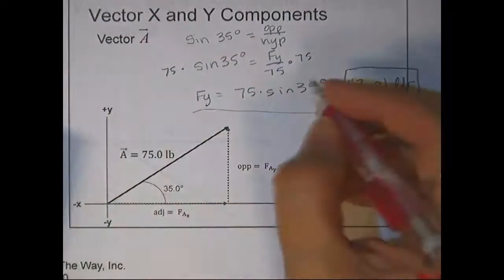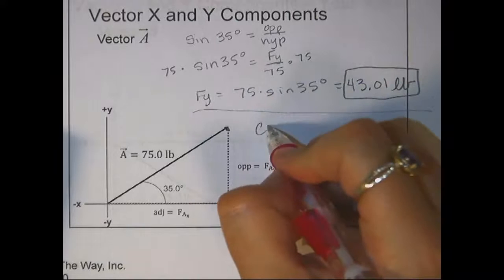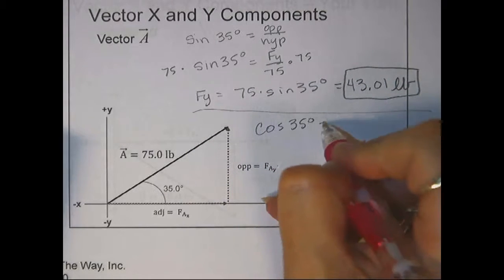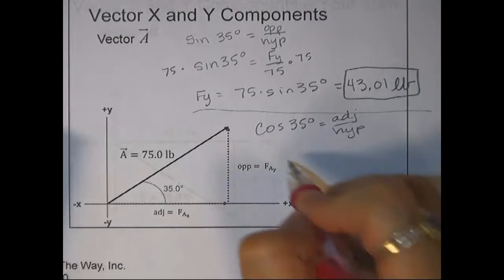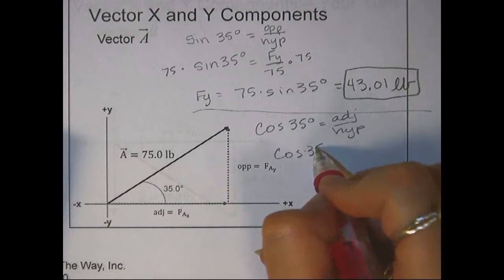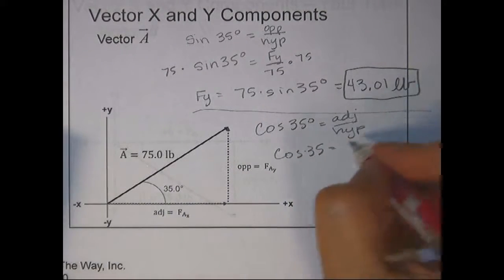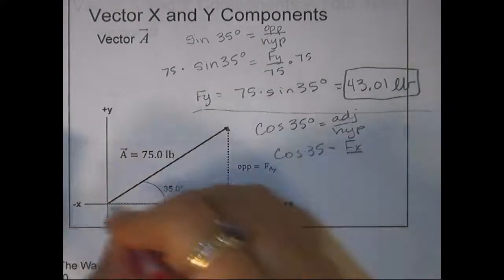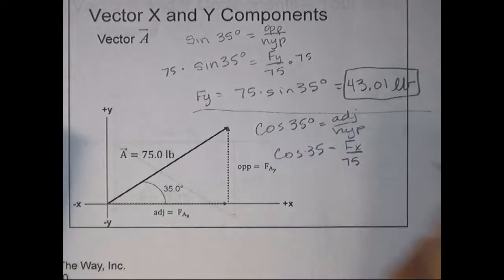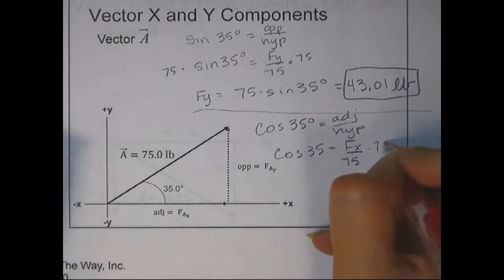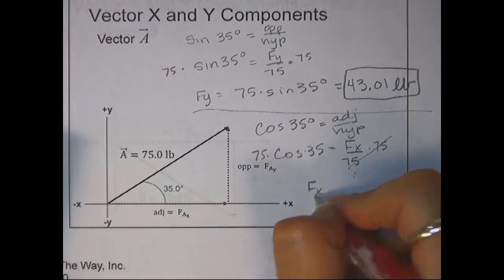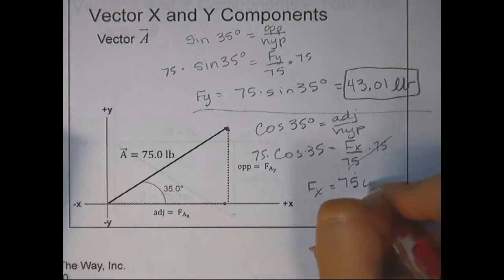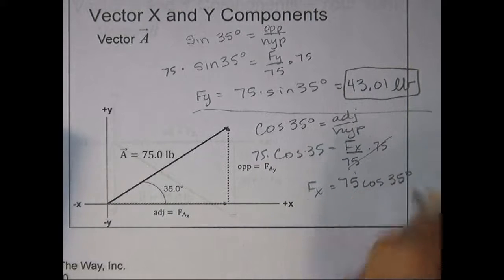Now I also need to do it for the x direction, which would be cosine 35 equals adjacent over hypotenuse. Cosine 35, in this case the adjacent is Fx, and the hypotenuse is still 75. Multiply both sides times 75. So I have Fx equals 75 cosine 35 degrees.